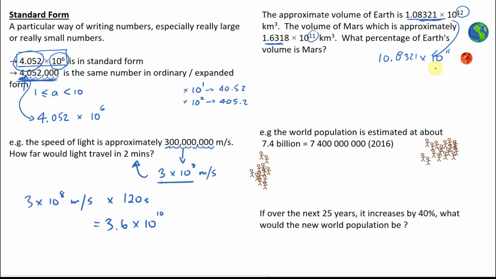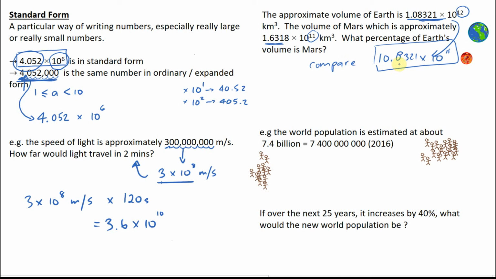Okay, so all I've done is I've taken out a power of 10 from this 10 to the power of 12, multiplied it by 1.08321 to give me this number here, which is not in standard form, but it allows us to compare the relative sizes of Earth and Mars.